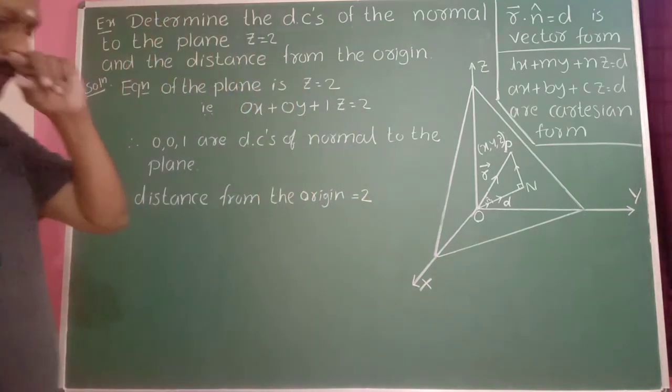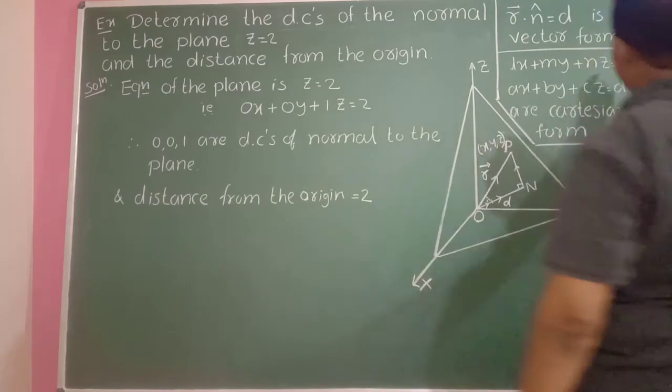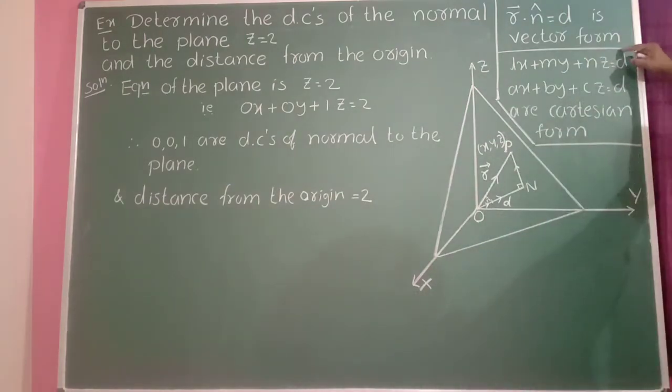Okay. If the equation is in this form, then obviously d is the distance. If the equation is not in this form, d is not a distance; it is only a constant. Therefore, first write the equation in this form, then you can write the distance of the plane from the origin.